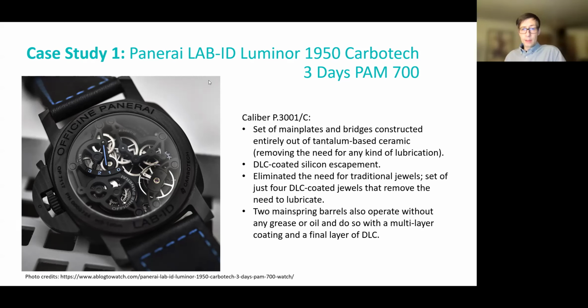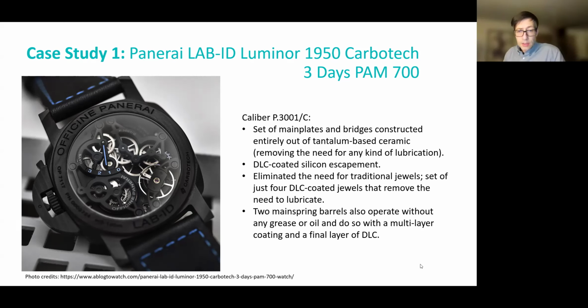There is also elimination of the need for any additional jewels, and there are only 4 DLC-coated jewels that remove the need for lubrication again. That makes sense. DLC is a low friction coating, which is used widely in the automotive sector and other sectors, so certainly it is helping with controlling friction here.